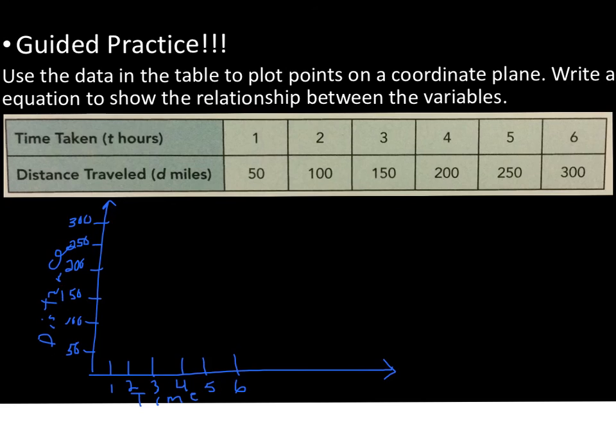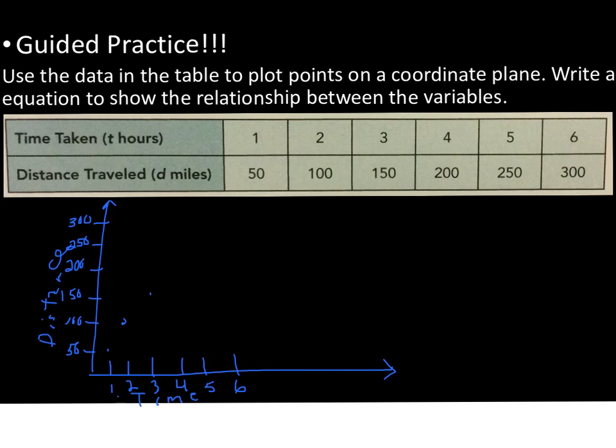All right. So here it says for 1 hour they went 50 miles. In 2 hours they went 100 miles. In 3 hours they went 150 miles. So here we're just adding 50 every time, or we're doing the number of hours.